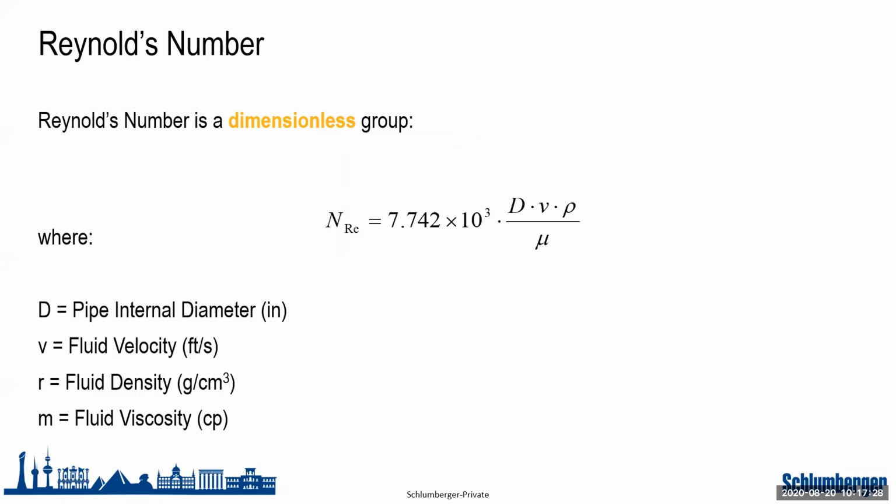The inputs to the Reynolds number are the diameter of the pipe, the fluid velocity, the fluid density, and the fluid viscosity. Our velocity profile correction factor, at the end, depends on the Reynolds number, and the inputs of these values need to be correct.